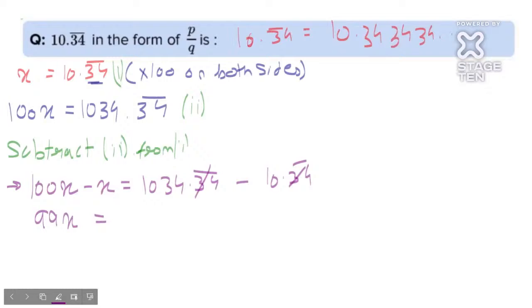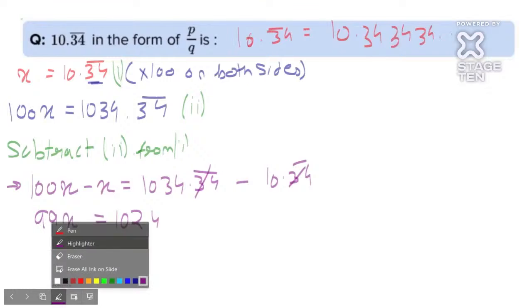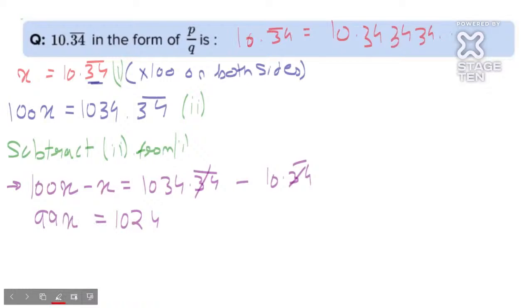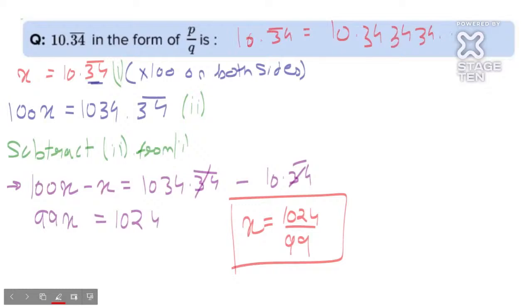So 1034 minus 10 gives me 1024. So the value of x is equal to 1024 by 99. That is my final answer in p by q form.